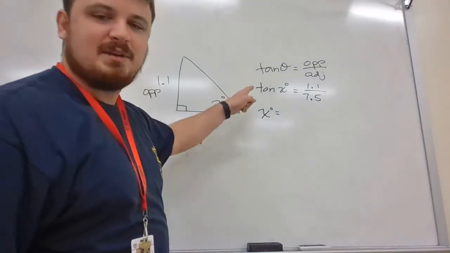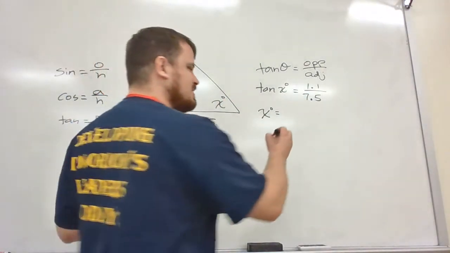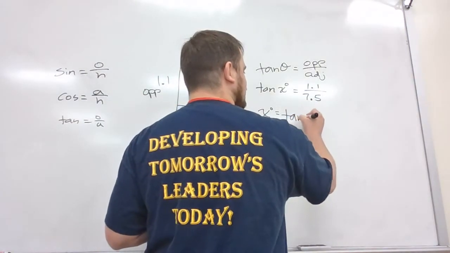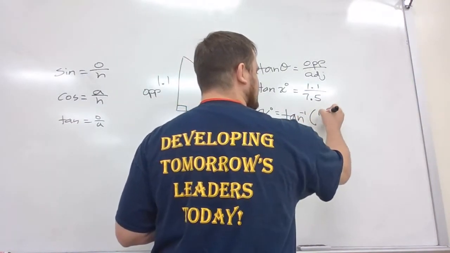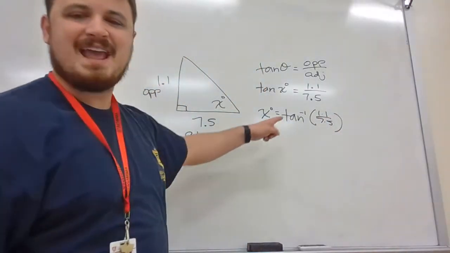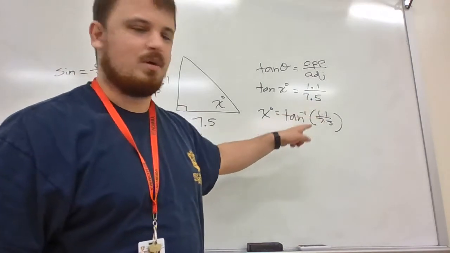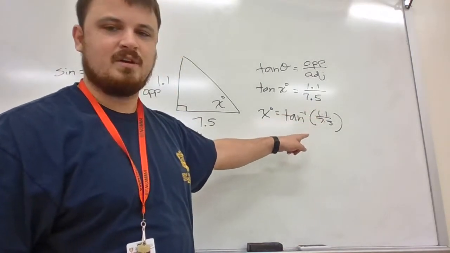then x degrees, basically move tan to the other side, but because it moved over, make it tan inverse, which is this. Notice what I have: tan inverse, or tan negative 1, of 11.1 over 7.5. You see that?